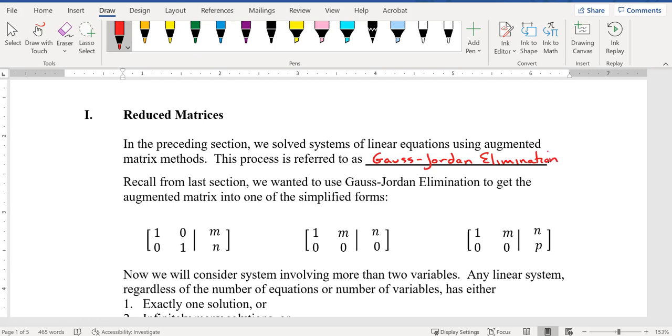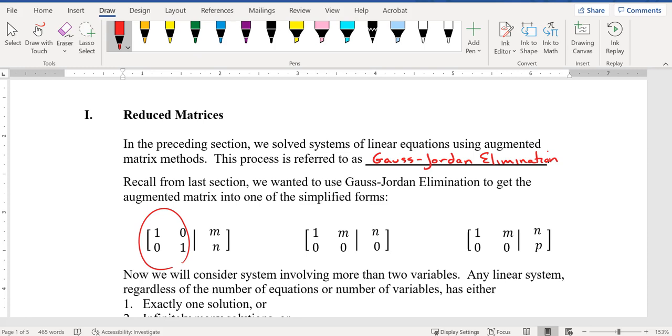Recall from the last section, we wanted to use Gauss-Jordan elimination to get the augmented matrix into one of these simplified forms. Remember where we had the 1, 0, 0, 1 on the left-hand side of the big bar?